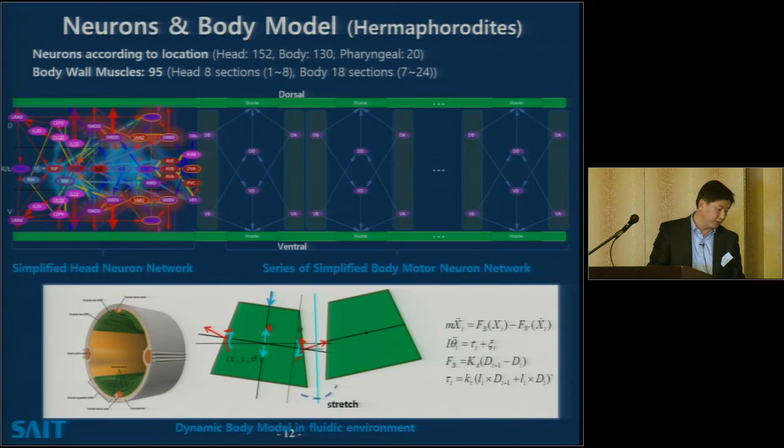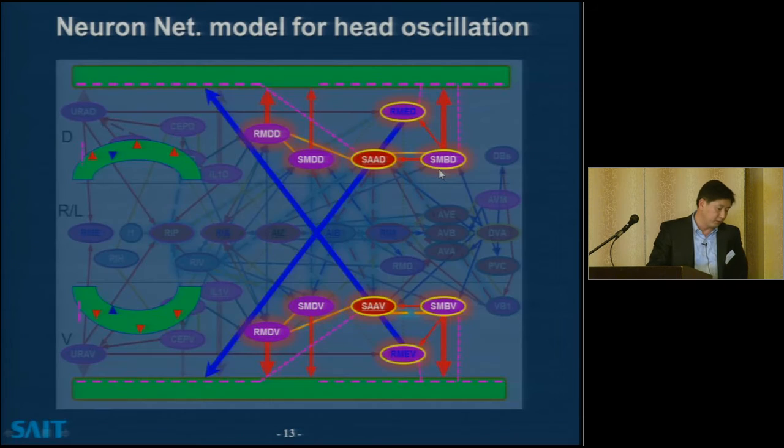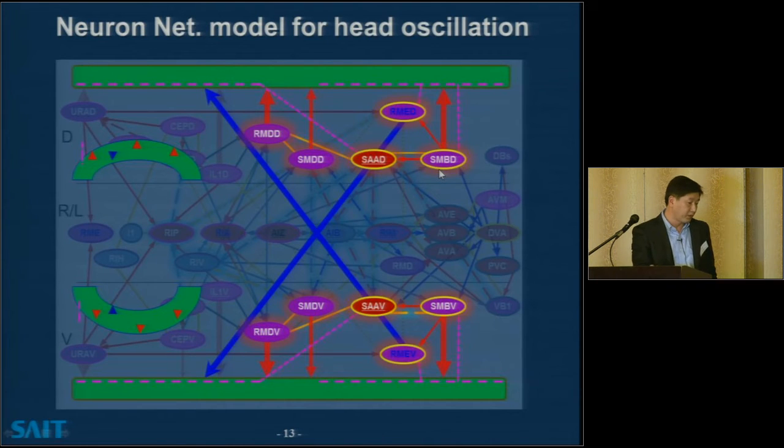And also to verify its locomotion mode, you need to simulate it with a dynamic model. Combining all this together, you can understand the dynamics of this C. elegans. There is some typical motion of this animal.